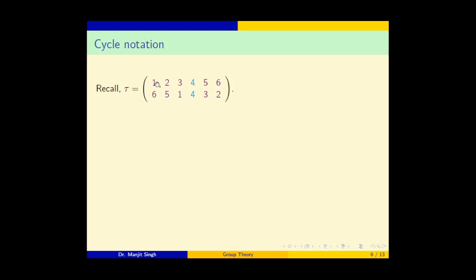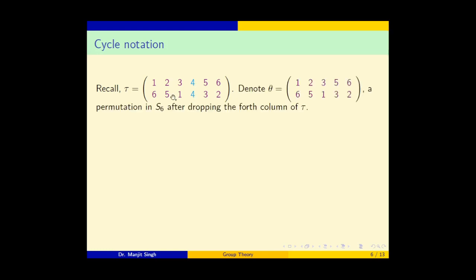And now see, every number there, 1, 2, 3, 5, 6, they are attached with each other. However, 4 remains constant here. This is fixed. 4 has image 4. So if we leave this column and denote the rest by theta, then we say that theta and tau are the same.